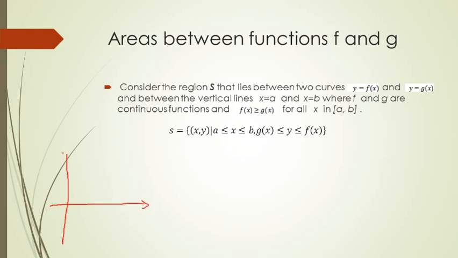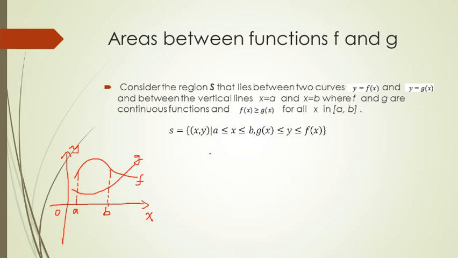So I'm going to draw the two functions f and g in the xy plane. This is my function f, this is my function g, and here are my a and b.